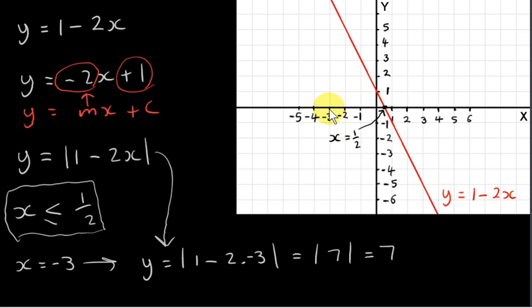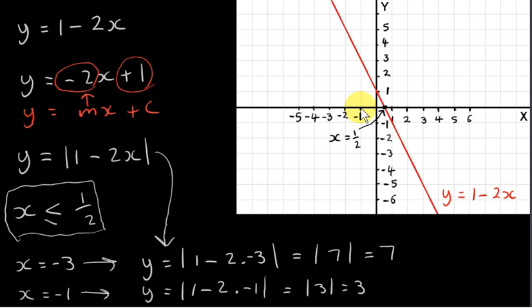So, if x equals minus 3, then the mod of 1 minus 2x is plus 7. Same as for the function y equals 1 minus 2x. And you can see that's the case for any value of x less than a half. Like if you take x equals minus 1, and if we get y equals the mod of 1 minus 2 times minus 1, we get the mod of 1 plus 2, the mod of 3, which is just 3.